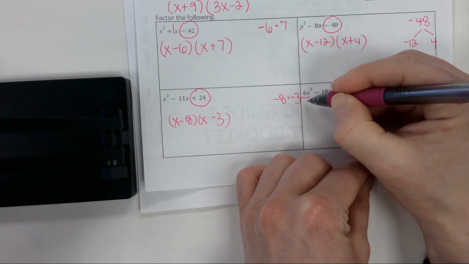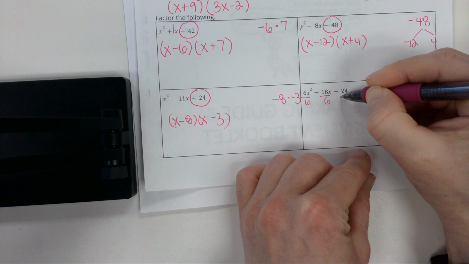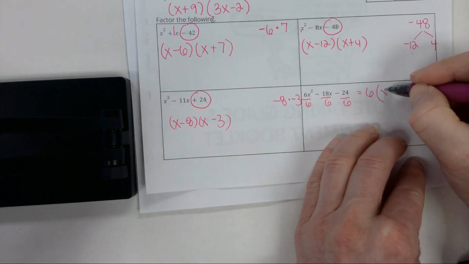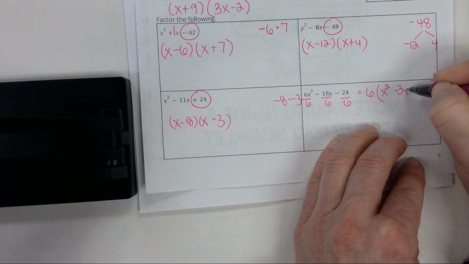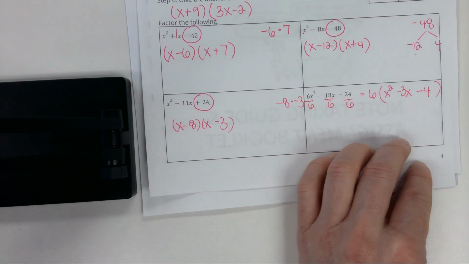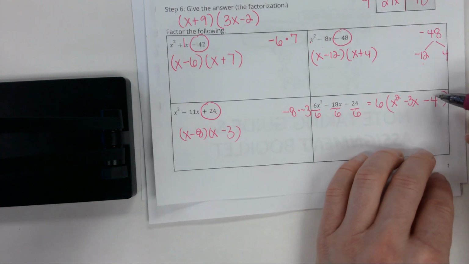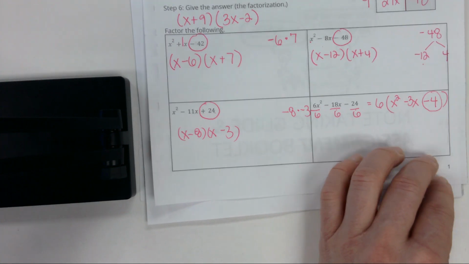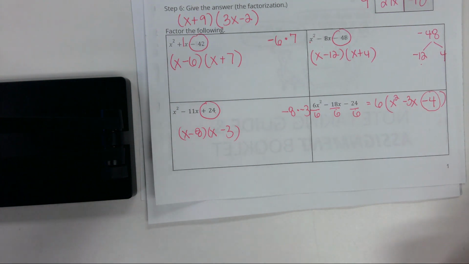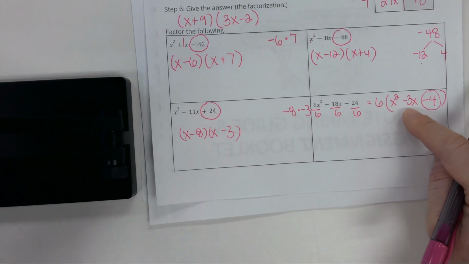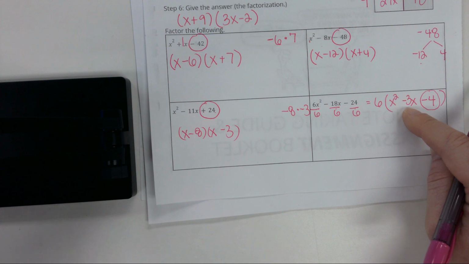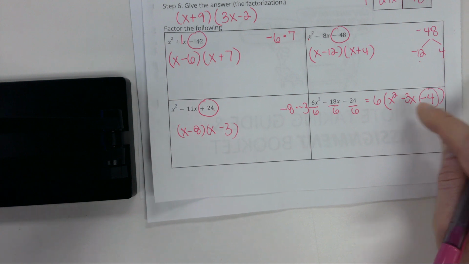Let's divide everything by 6. And we have x squared minus 3x minus 4. Can you think of anything that multiplies to be a negative 4 and adds up to be a negative 3? How about a negative 4 and a positive 1? Does that work? Yeah.